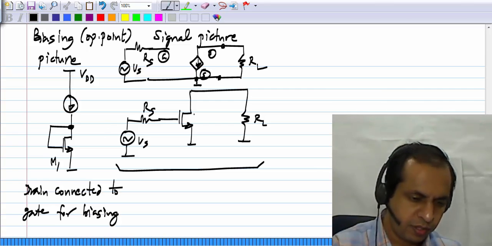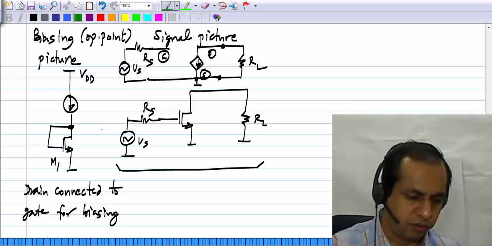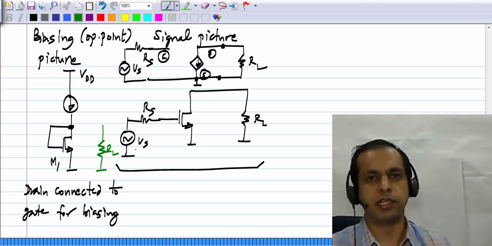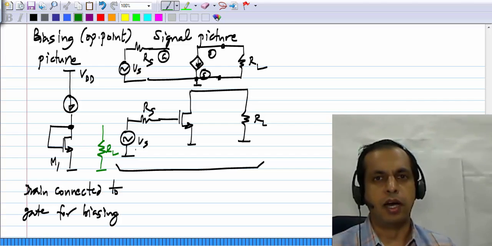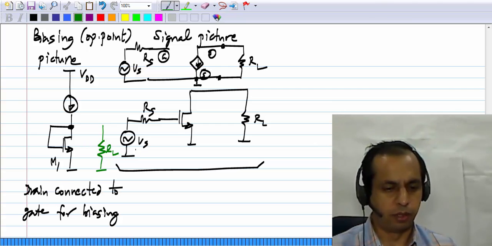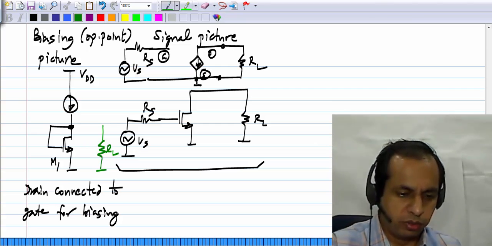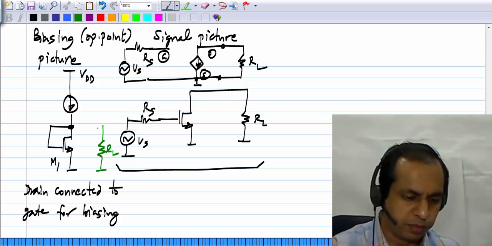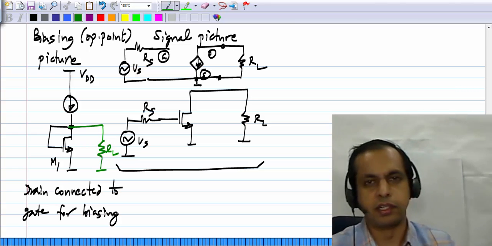So let me take the load resistor RL, which could be grounded. This was explained earlier while discussing the original common source amplifier. RL is a representation of whatever follows. It may not be a physical resistor. So one side of it is grounded. Now what do we do? It has to get connected to the drain. So the first naive attempt is to simply connect it to the drain like that.